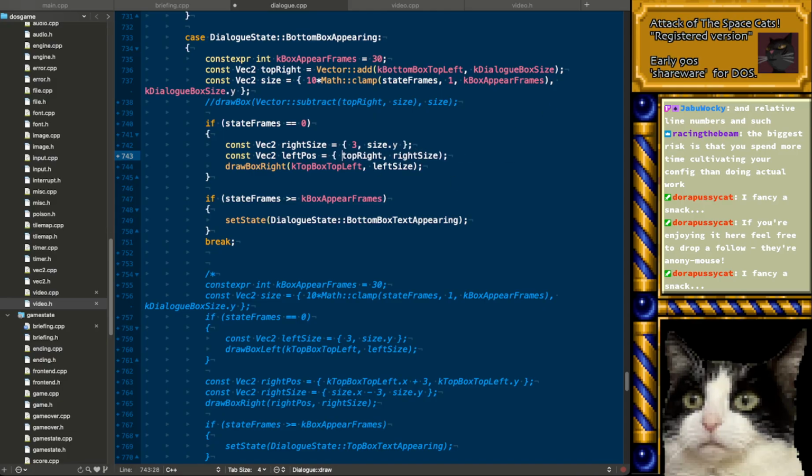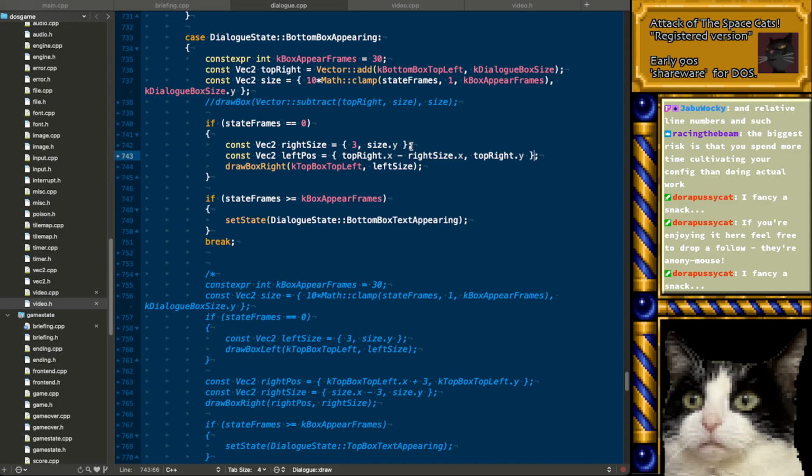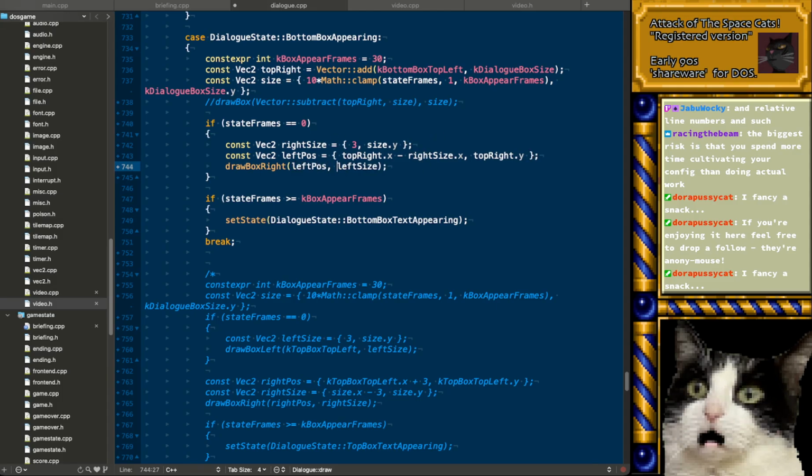I'm going to say left pos is top right x minus size dot x, dot right dot y. In fact, whoops, hello. What size is that? Draw that left pos.